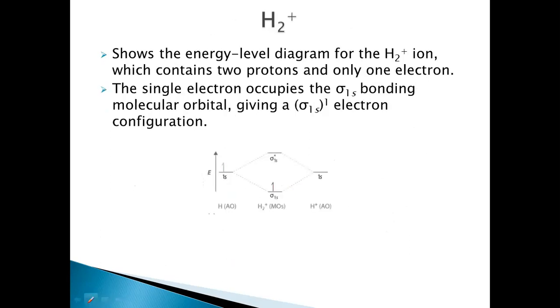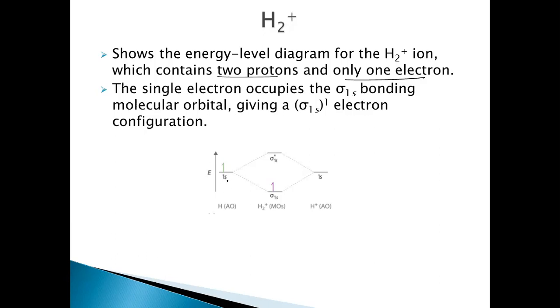And let's look at the energy level diagram for H2 plus. Here one is a hydrogen atom and the other is a proton. So we have one proton with one electron, and another proton, so in total two protons and one electron. The hydrogen atom contributes one electron and H plus contributes none.